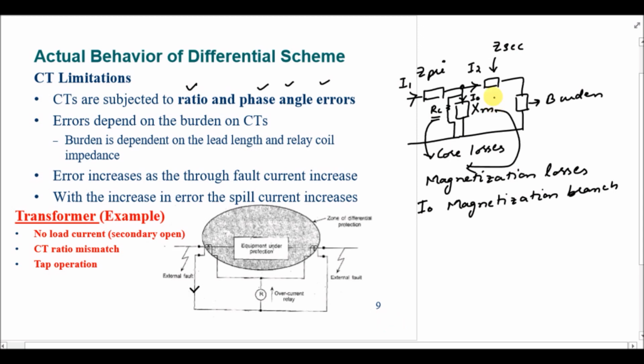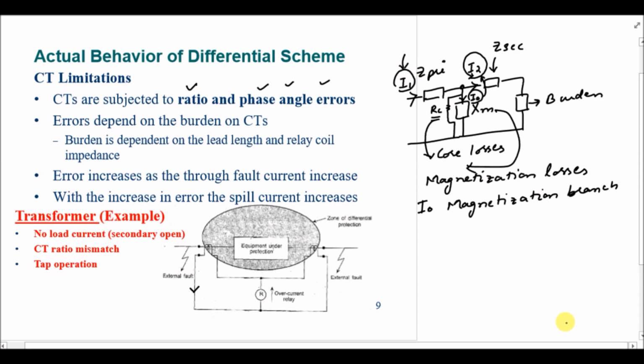So there is always a mismatch between the current measured at the secondary of the CT and the primary current, because there is a current I0 required for the magnetization branch that should be represented in this I2 in order to exactly calculate what the I1 in the primary of the CT was.